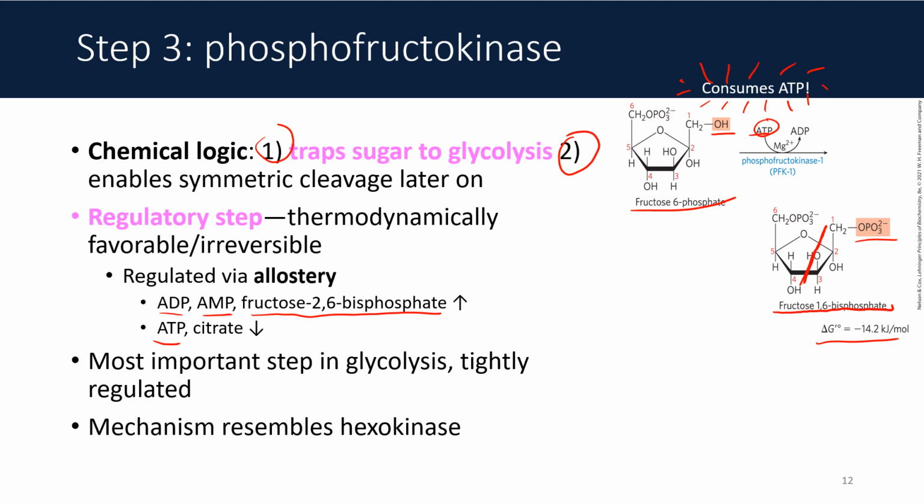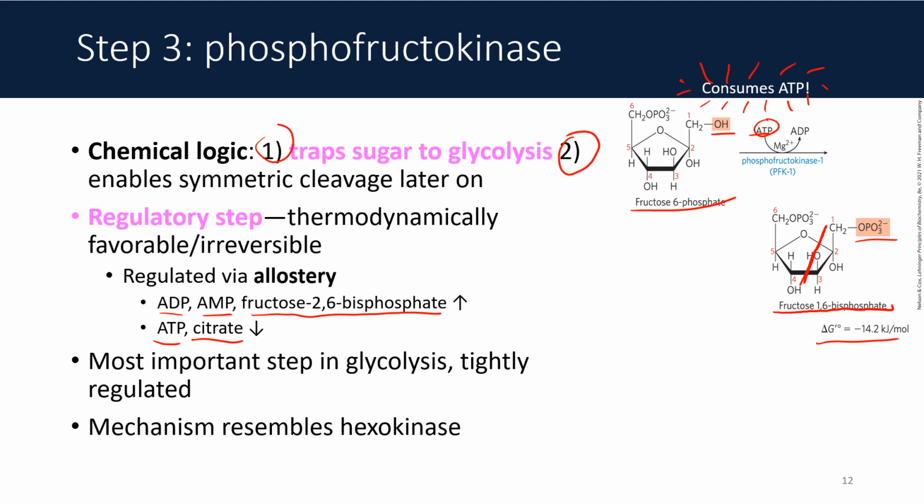Another allosteric inhibitor of phosphofructokinase is going to be citric acid or citrates. And this will become more obvious when we get into lipid metabolism and even the citric acid cycle. But this is a metabolite that will accumulate also in anabolic conditions where we have a surplus of metabolites and resources, and thus there's less of an impetus to break molecules down for energy.